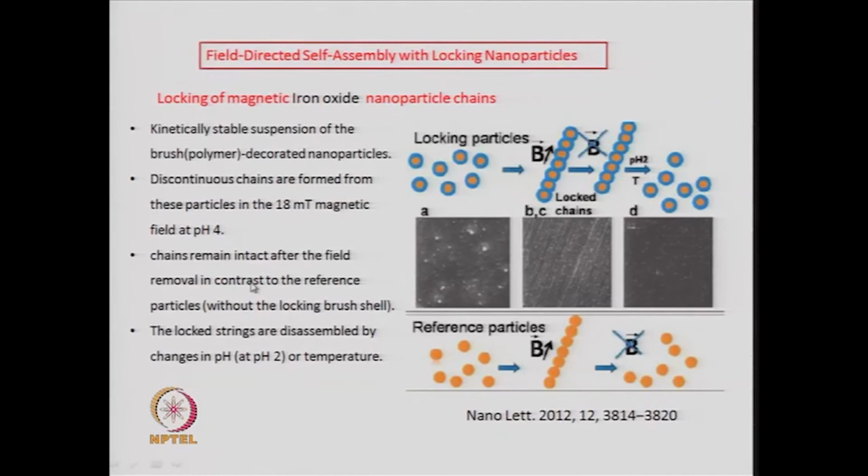So, the chains remain intact after the field has been removed when you have this kind of a polymer brush on top of it, which basically interlock between themselves. So, this polymer can interact with the polymer of the other particle and can join together, which you cannot remove even if you remove the magnetic field, but you can disturb this if you change the pH.